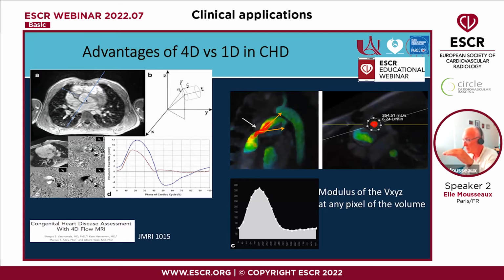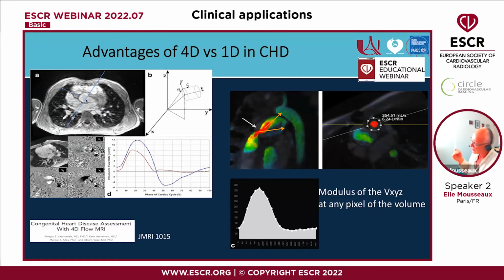And because there is some changing of direction along the length of the route of the flow, it will be impossible by using echo to be sure to obtain the maximum velocity. This is why for all the pulmonary arteries, MRI will now be the best technique, the reference technique for estimating the maximum velocity and the flow during pulmonary regurgitation, for instance.